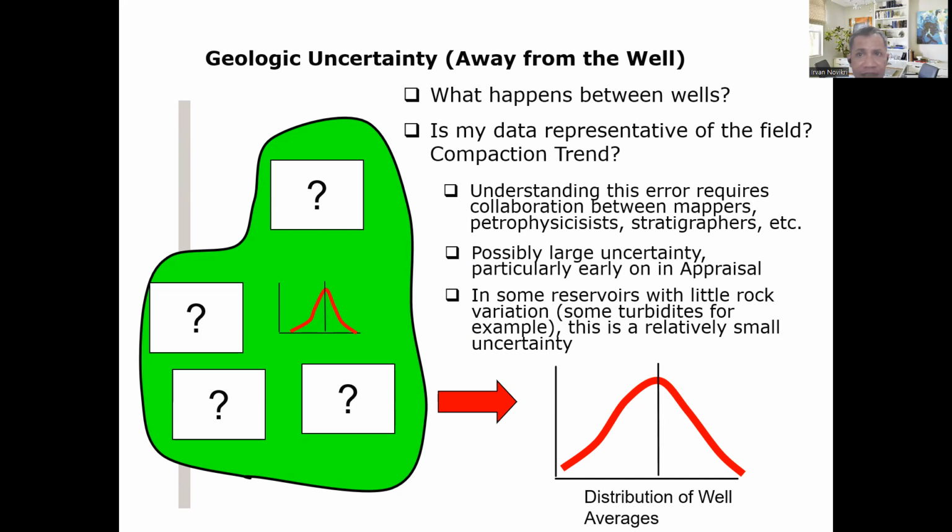The level of uncertainty can vary, with early appraisal stage often having higher uncertainty, while some reservoirs with minimal rock variation, such as certain turbidites, may have relatively small uncertainty. The distribution of good average provides insight into the variability of the data across the reservoir.